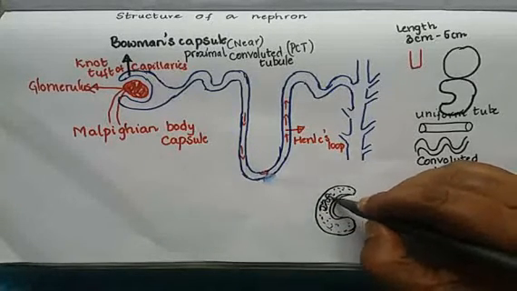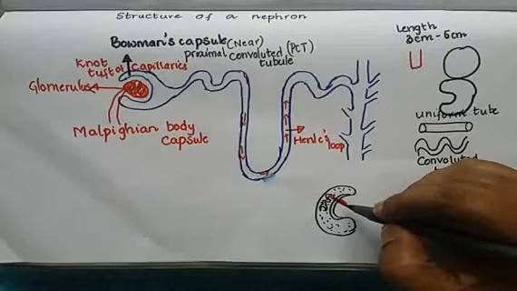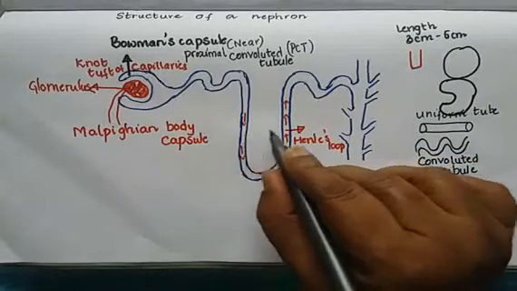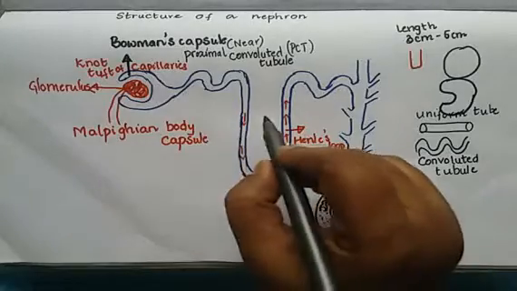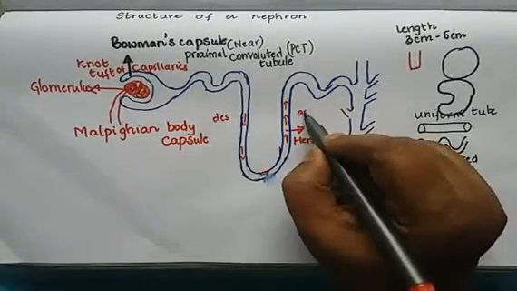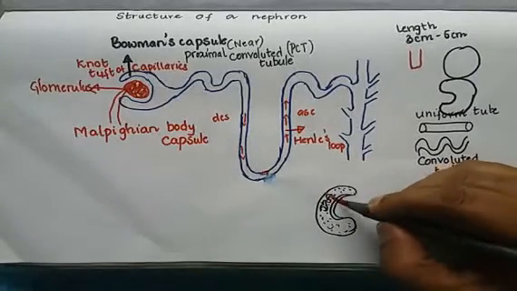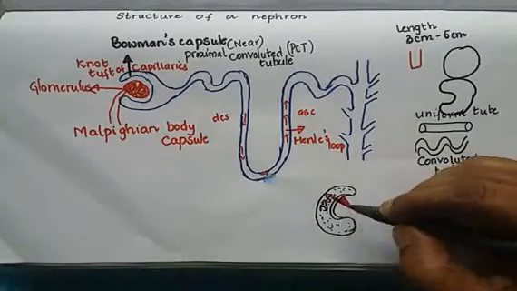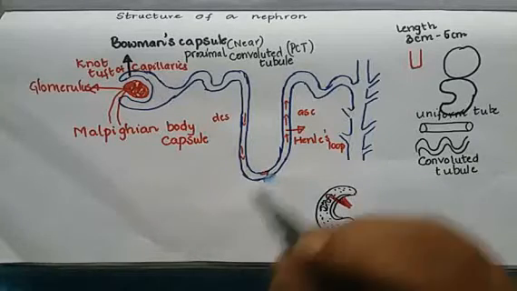Just a few minutes back you learned about the longitudinal section of the kidney, and I taught you that the medulla has a striped appearance. These two limbs, the descending limb followed by the ascending limb of the loop of Henle, give a striped appearance in the medulla of the kidney.